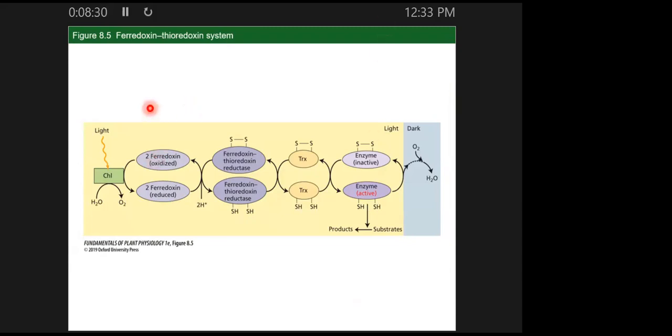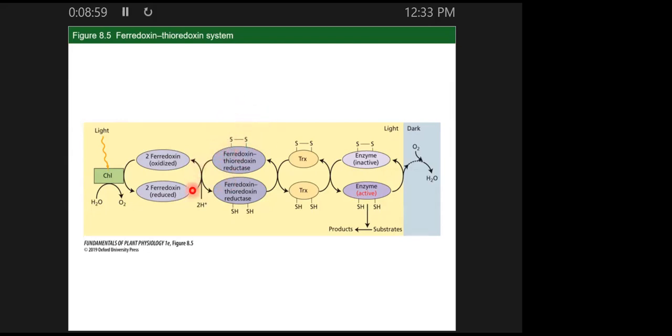The reason they say light is needed is because in order for ferredoxin to get reduced, the light reactions have to kick into gear. Otherwise, it's not going to happen. So that's why they have it here with the chlorophyll and the light. They're saying you have to have the light reactions. You have to have light. That will get you a reduced ferredoxin. And then what happens is this ferredoxin donates an electron to this second enzyme. So you can see the sulfur-sulfur.